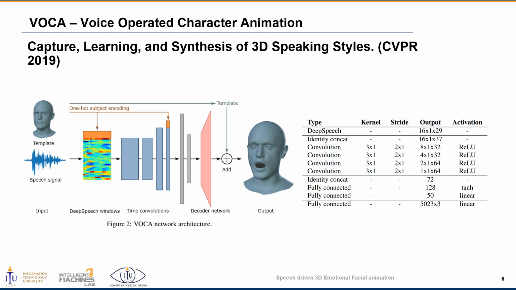So we are going to get back to VOCA again, and study the architecture in detail now. We first split the input signal into slices. We are going to make 60 slices per second. I'm going to call it 60 frames per second, just to make it easier to say.